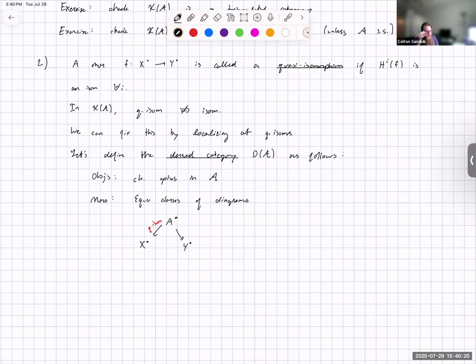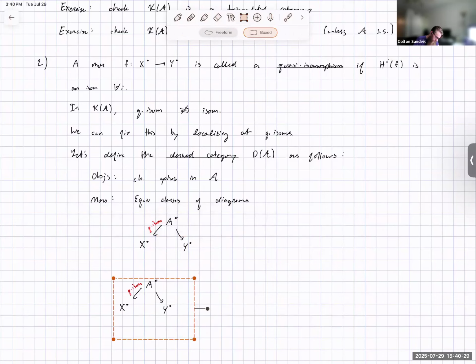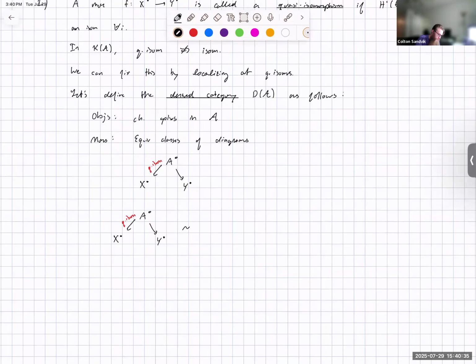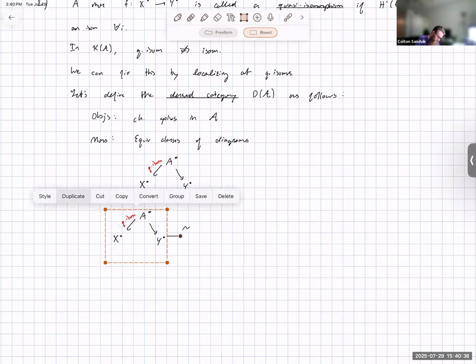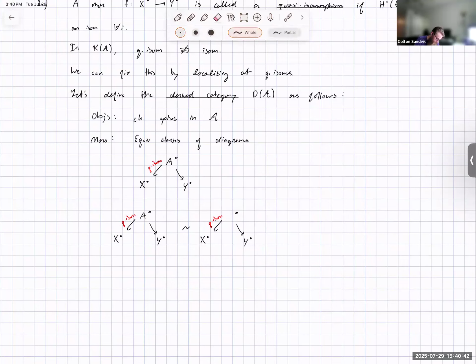I haven't yet explained what the relation is. We're going to say that one diagram is equivalent to another if and only if there exists a diagram of this form.